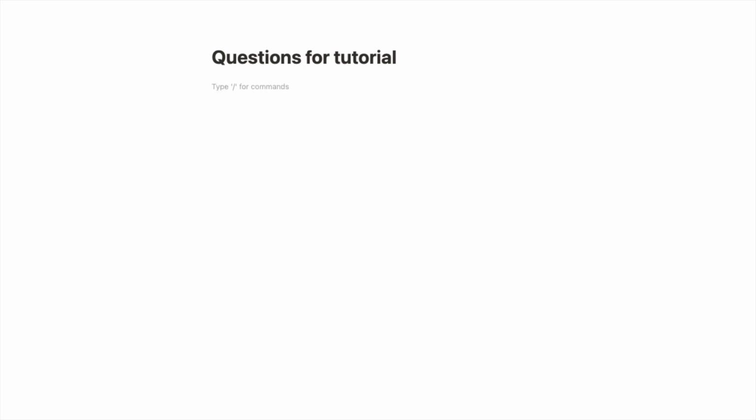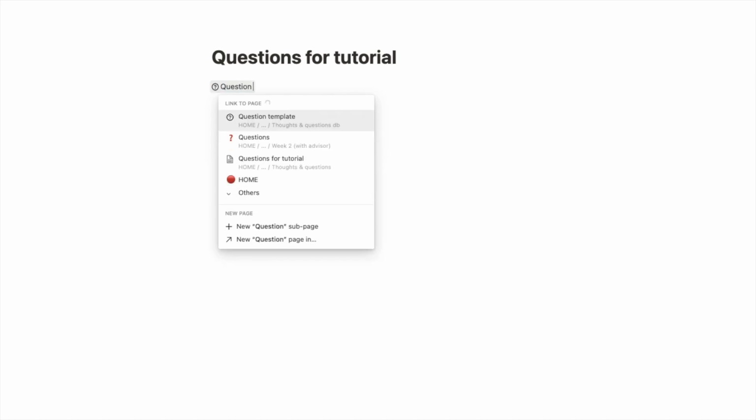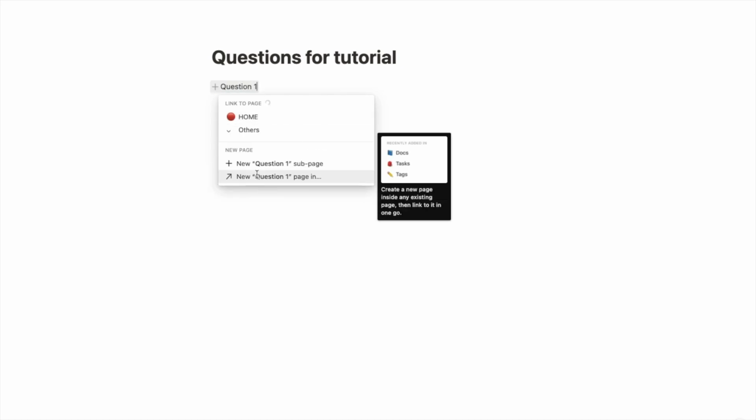Okay, so there are two ways to add your questions or thoughts to your questions and thoughts database. The first one is one that when you add it, it will stay in both this page and the page where the questions are in that database. So you click add and you say question 1, and you go new page in.